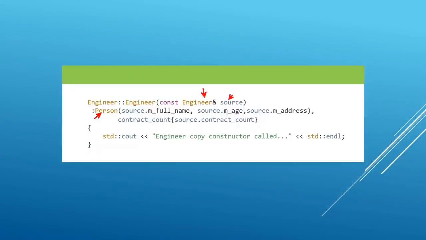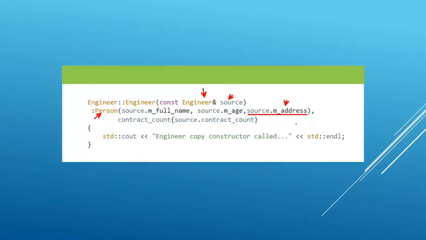So to some extent, this is going to work. But the problem we still have is that we are using the maddress member variable directly from an engineer object. And from what we already know, this maddress member variable is private to the person class, and we have no business accessing this from an engineer constructor. So this is going to give us a compiler error. But know that it is possible to set up a getter in the engineer class that is going to return this address, and you can call that getter here and get this thing to initialize your data.